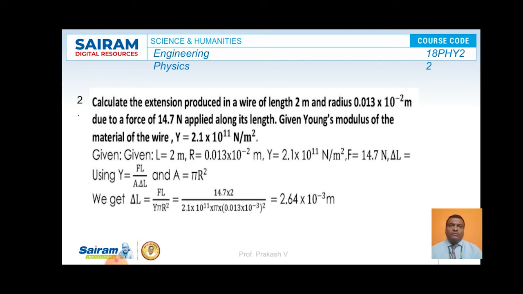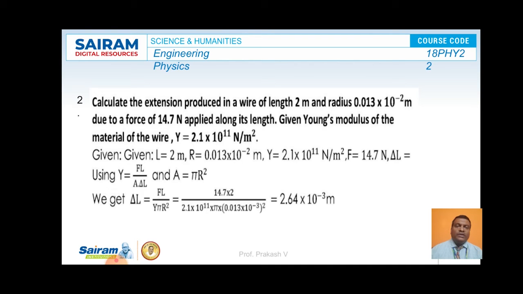The second problem is: calculate the extension produced in a wire of length 2 meter and of radius 0.013 into 10 to the power of minus 2 meter due to a force of 14.7 Newton applied along its length. Given Young's modulus of the material of the wire, Y, is equal to 2.1 into 10 to the power of 11 Newton per meter square.